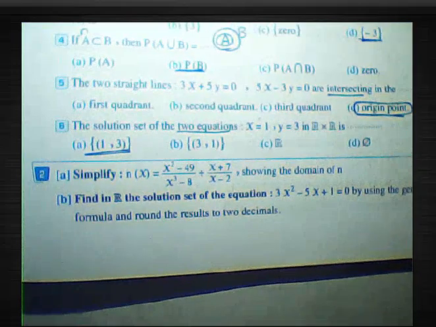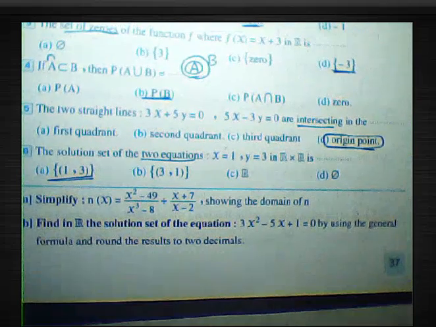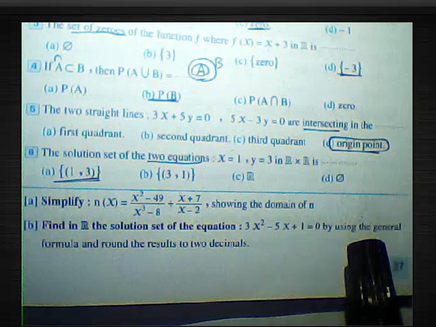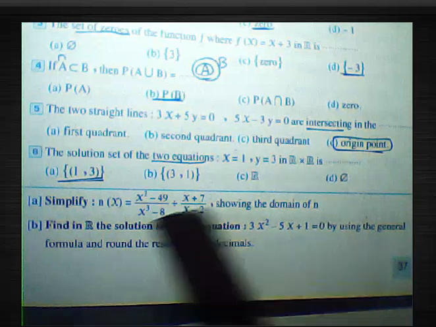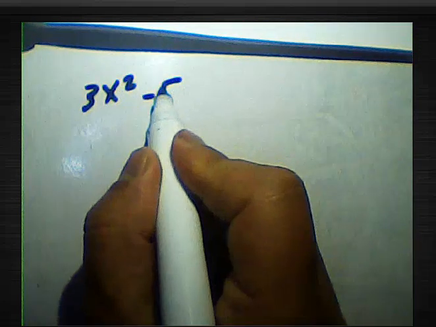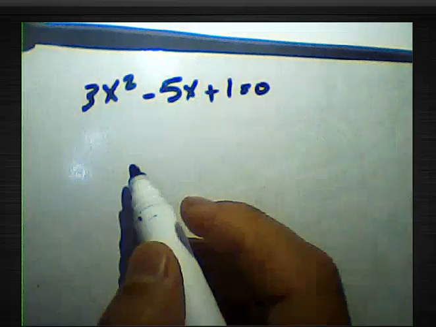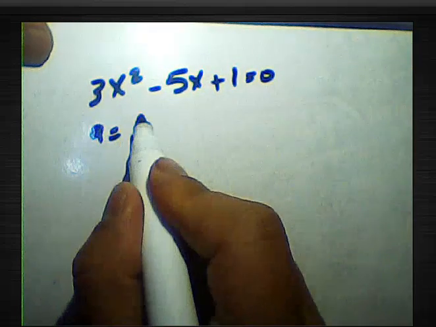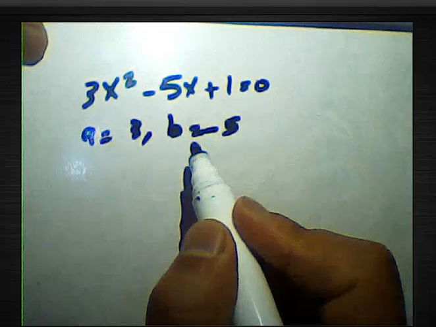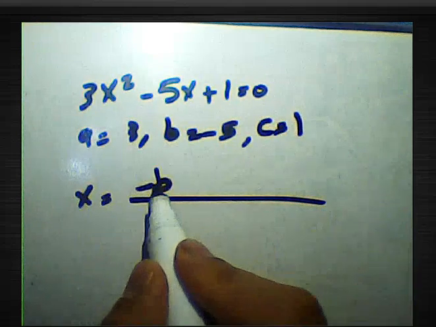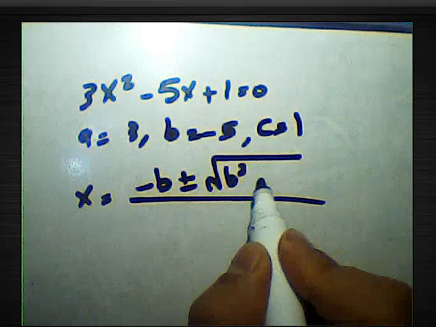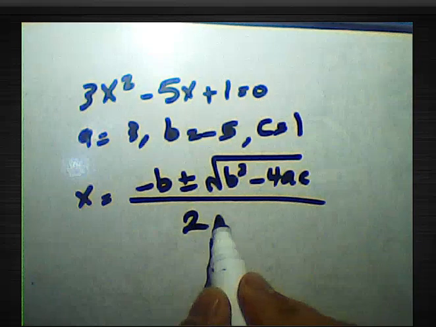Question letter B. Find in R the solution set of the equation 3x power 2 minus 5x plus 1 equals 0 by using the general formula, and round the result to one decimal place. We can write the equation 3x power 2 minus 5x plus 1 equals 0. We know a equals 3, b equals negative 5, c equals 1, and x equals negative b, positive or negative the square root of b power 2 subtract 4ac, over 2a.